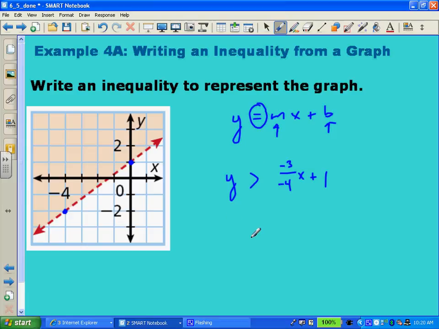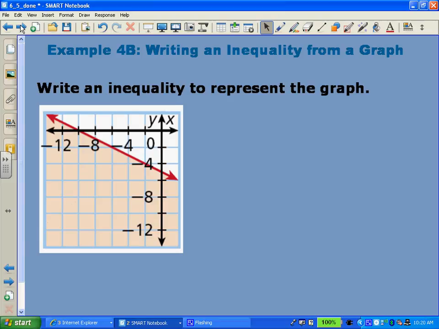Well, it's shaded above, and it's a dashed line, so it would just be greater than. Now I wouldn't want to leave both those negatives in there, so it'd become positive 3/4 x plus 1. Okay? So essentially what you need to figure out is what's your inequality sign based on the shading and whether it's dashed or solid, and then your slope and your y-intercept.